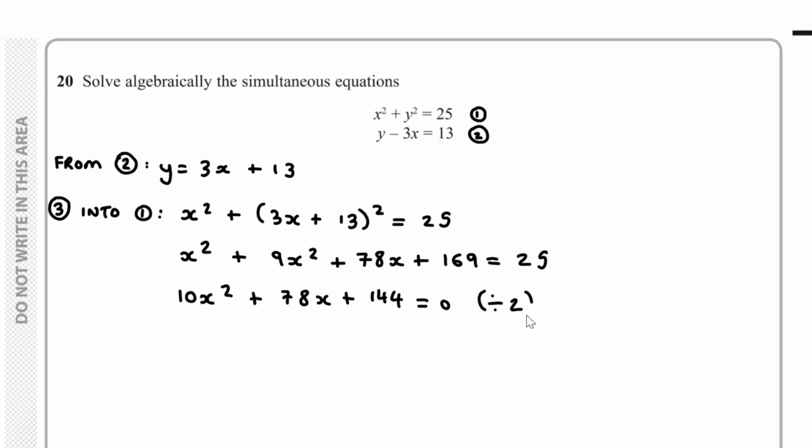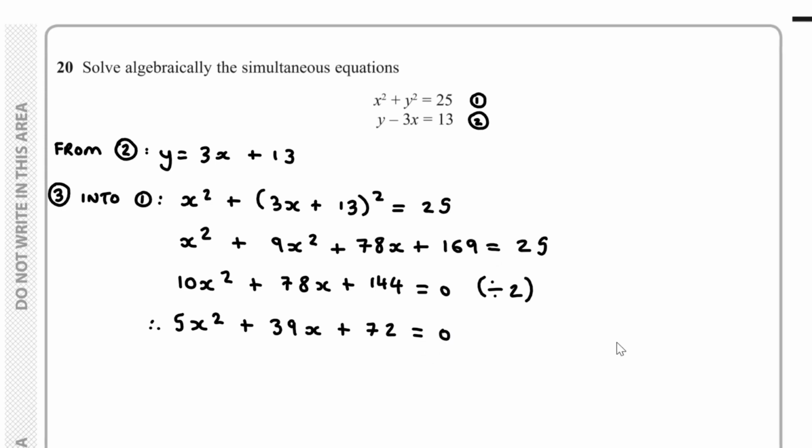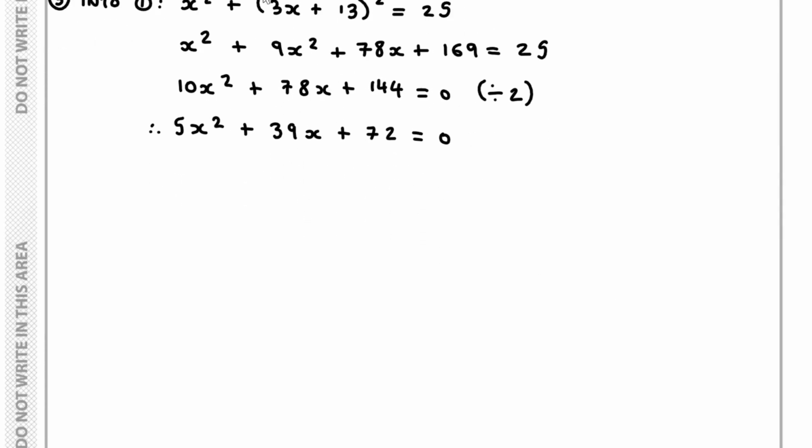dividing by 2, we've got 5x squared plus 39x plus 72 equals 0. We now need to solve this. So here we need to find two numbers which multiply to give 5 times 72, which is 360, and which add to give 39.